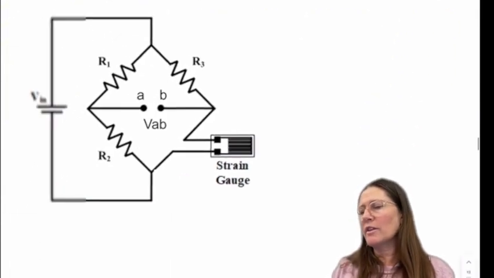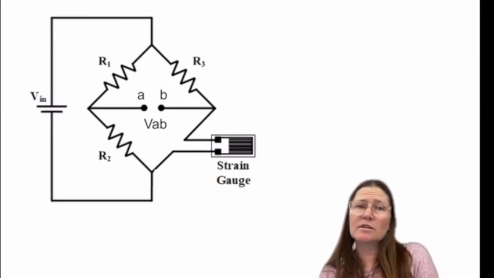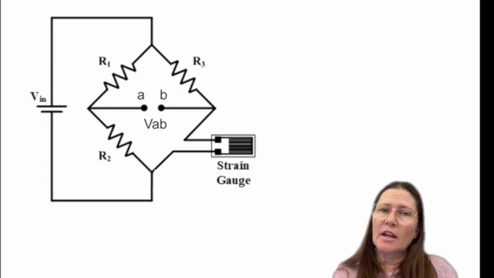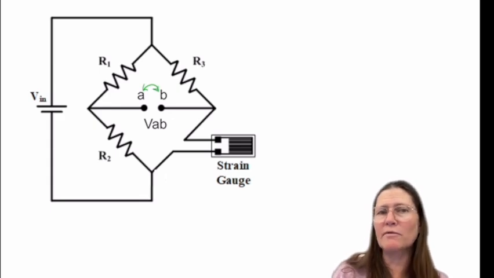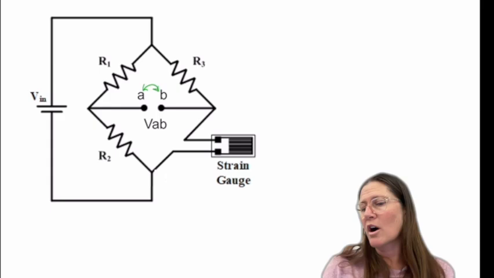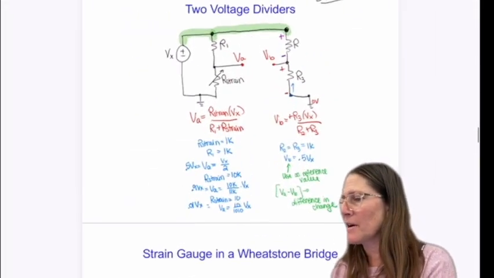So this is another way you're going to see this drawn. This is the same circuit. In this case, A and B are swapped compared to the diagram above. I can bring this down.